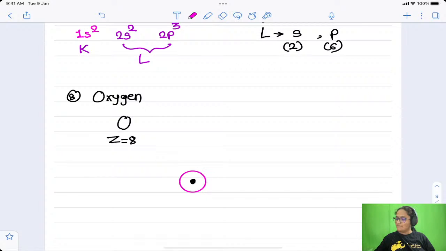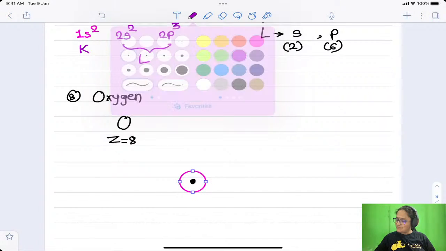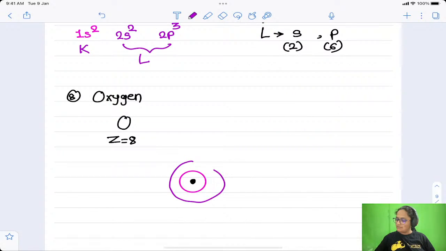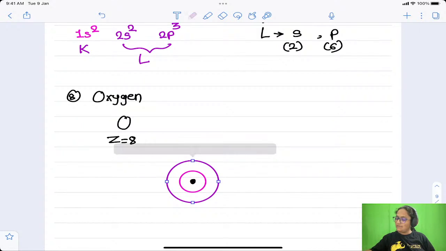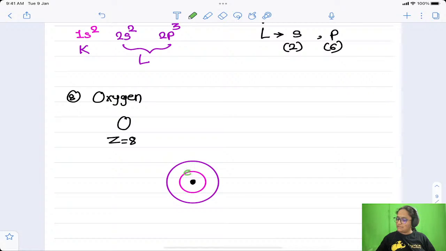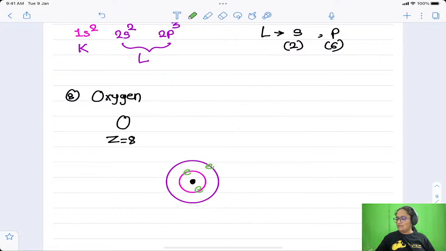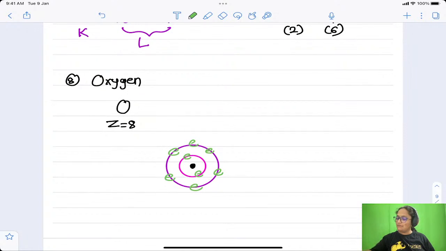This is the K shell, and this one is the L shell. First of all 2 electrons will enter in the K shell and the remaining 6 electrons will enter in the L shell. Right?